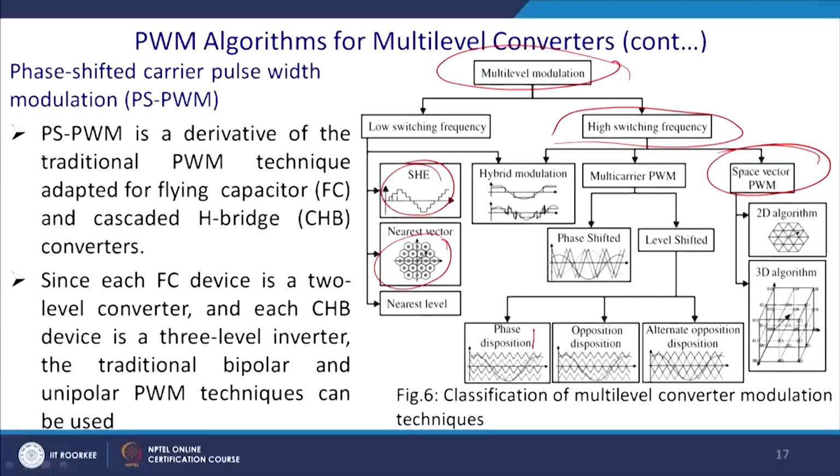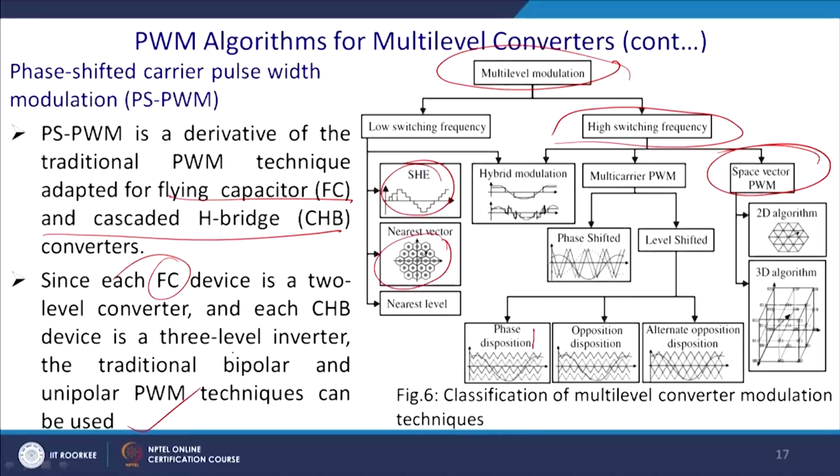Thus, PSPWM or phase shifted carrier PWM is a derivative of the traditional PWM technique adapted for the flying capacitor and cascaded H-bridge applications. Since each flying capacitor device is a 2-level converter and each H-bridge device is a 3-level inverter, the traditional bipolar and unipolar PWM techniques are used.